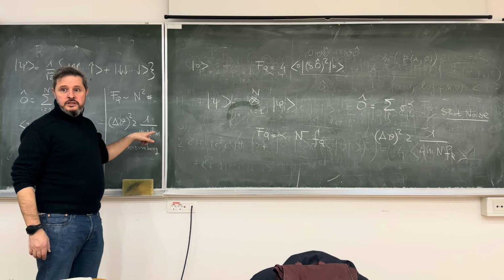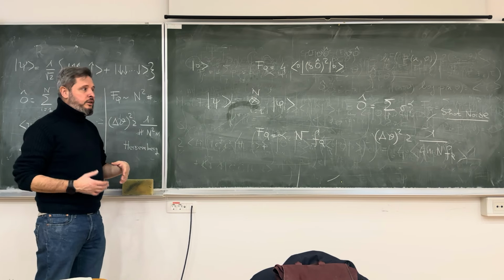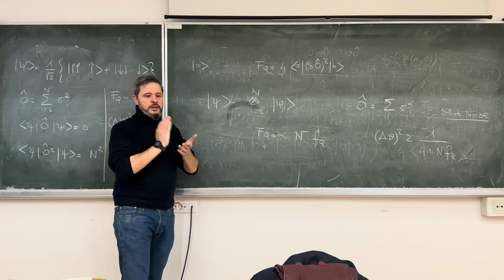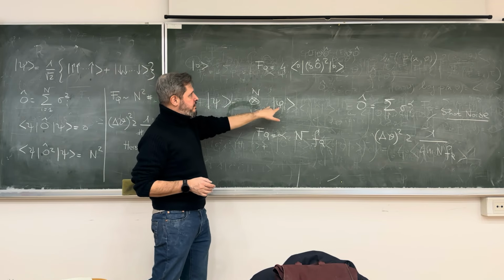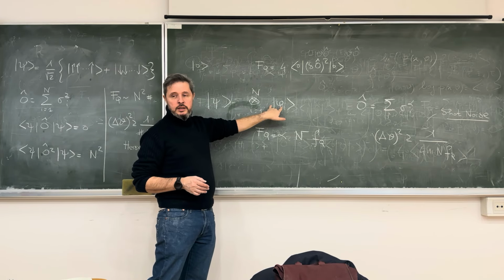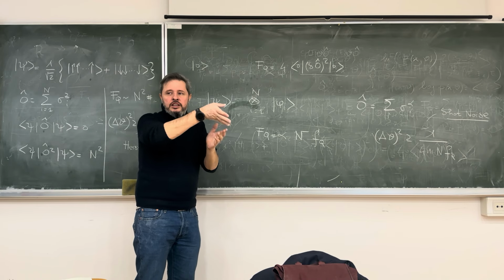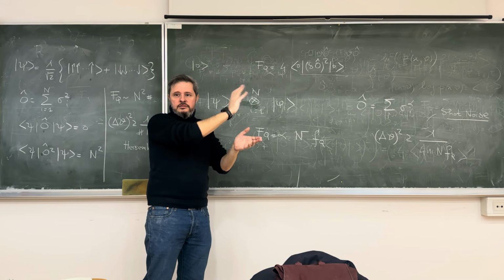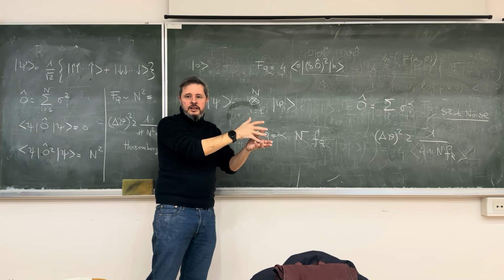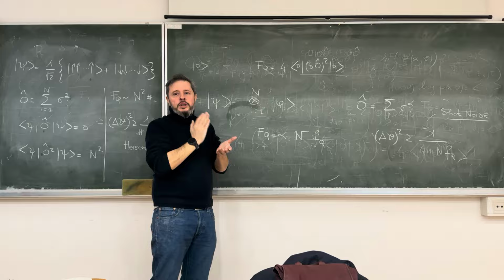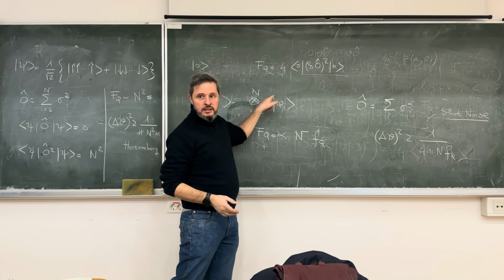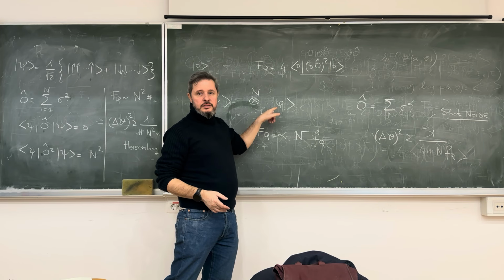Exactly because of this: when you have a state that is uncorrelated like this one, your rotation is applied to each individual spin by itself, right? There is no correlation whatsoever. So it's like doing n measurements of the spins.